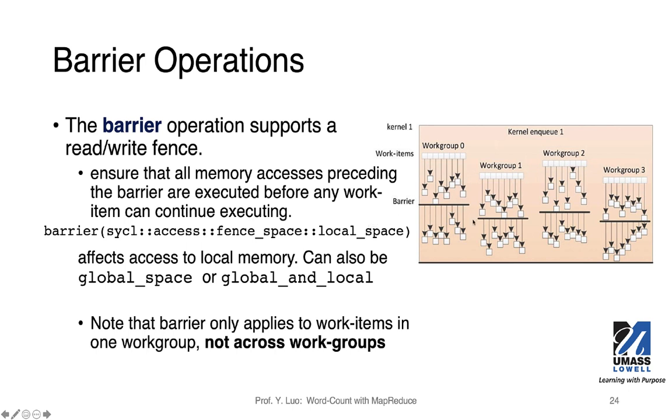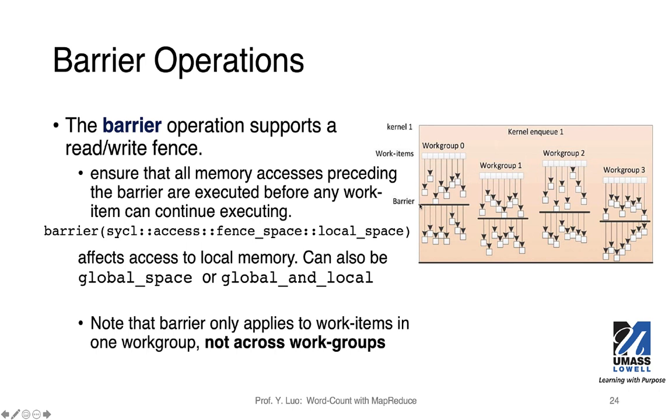The diagram on the right illustrates what will happen when we have a barrier. Within this work group, we have 8 work items, which are started at the same time. They execute in parallel, and they proceed at different paces. Because of this barrier, everybody is going to be waiting here until every one of the work items reaches this point.